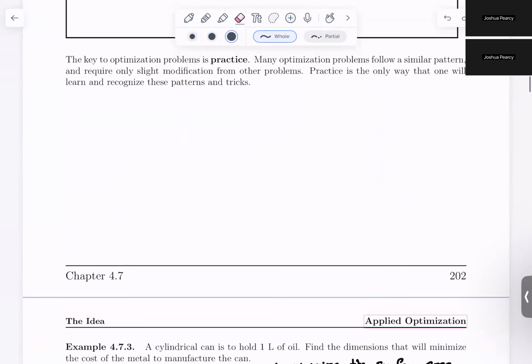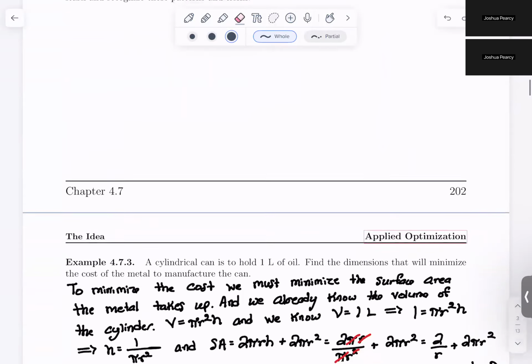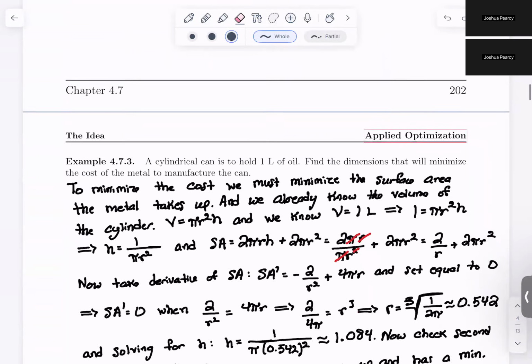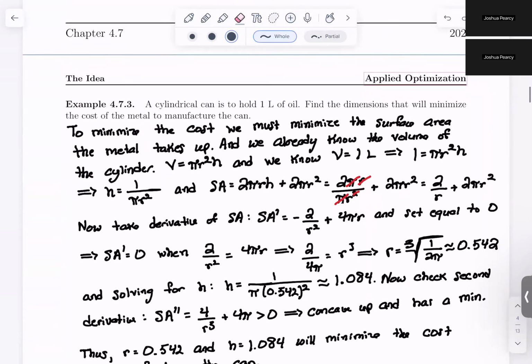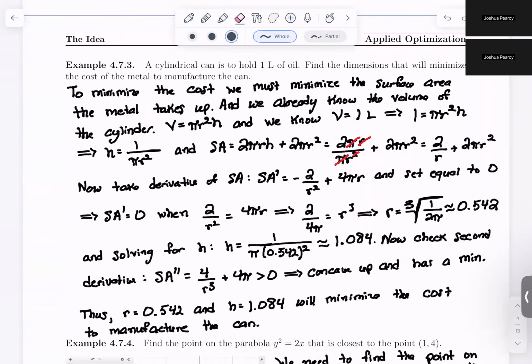So let's look at example 4.7.3, and it says a cylindrical can is to hold a volume of 1 liter of oil. Find the dimensions that will minimize the cost of the metal to manufacture the can. Let's think of it this way. First, we're given a volume in the question. We know what the volume of a cylinder is: pi r squared h.